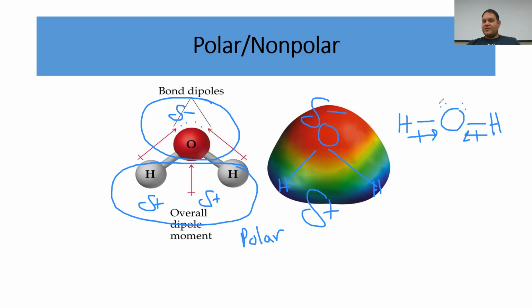And therefore, water in a linear form would be nonpolar, all right? And so therefore, it would not have a permanent dipole or a dipole that would exist, and therefore there would be no positive and negative region, okay?